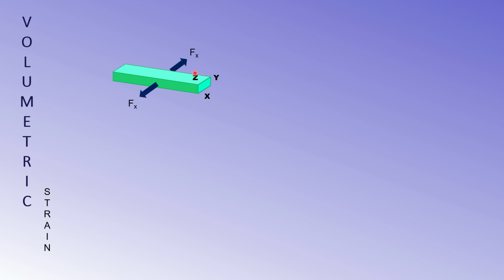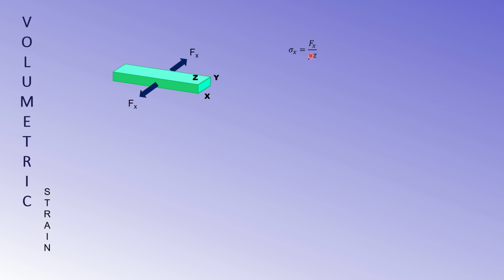This is a force which is acting in the x direction. If you consider the force Fx acting alone, then the stress in the x direction should be Fx, the force acting in the x direction, divided by the area.